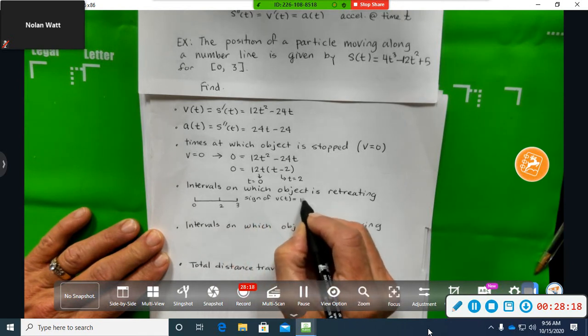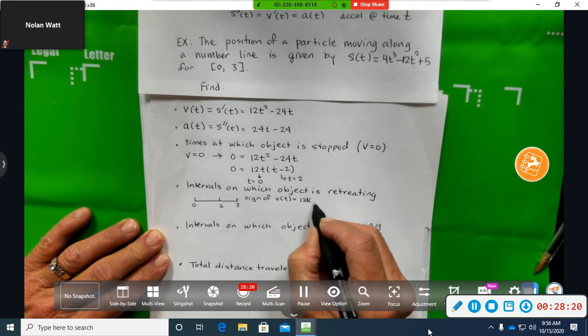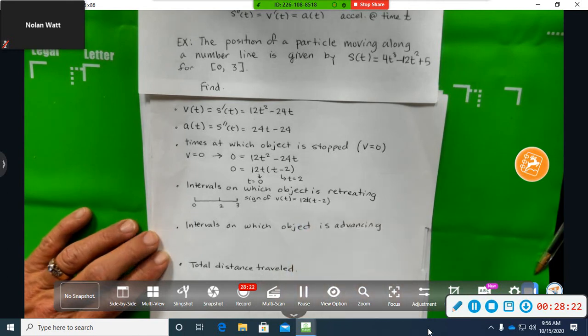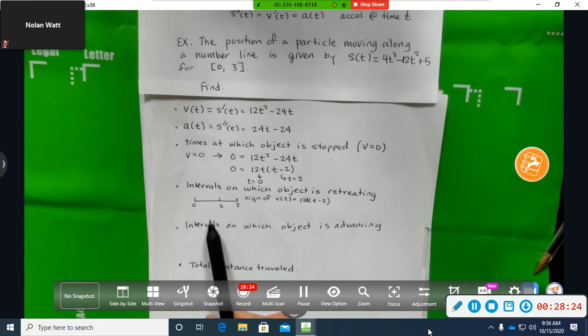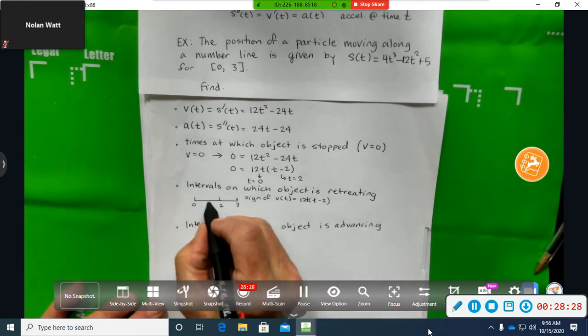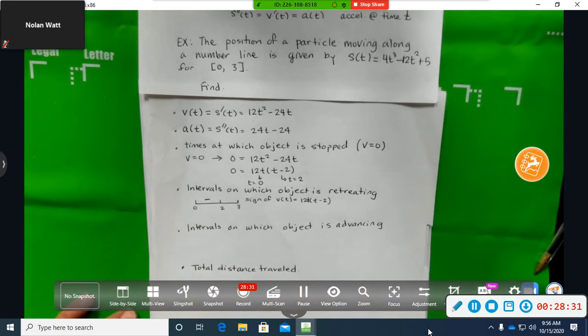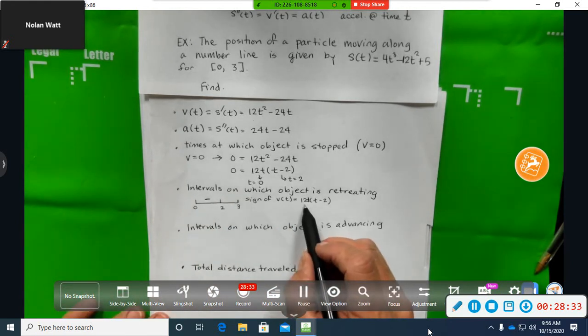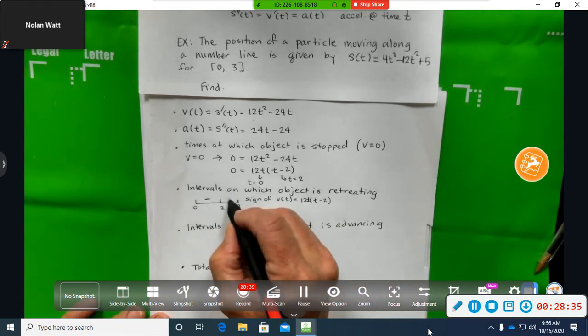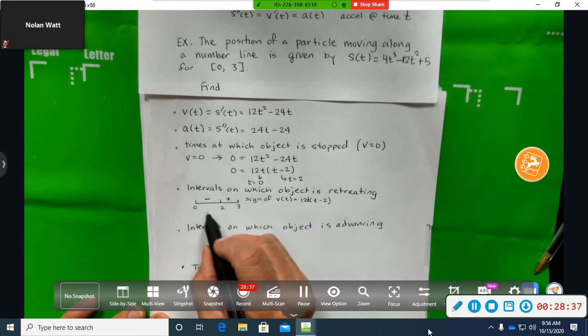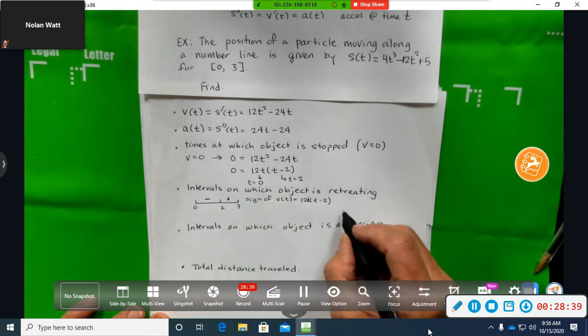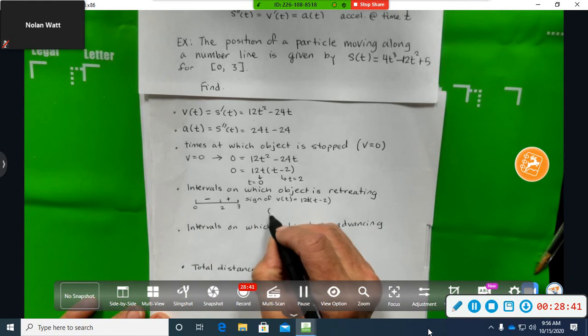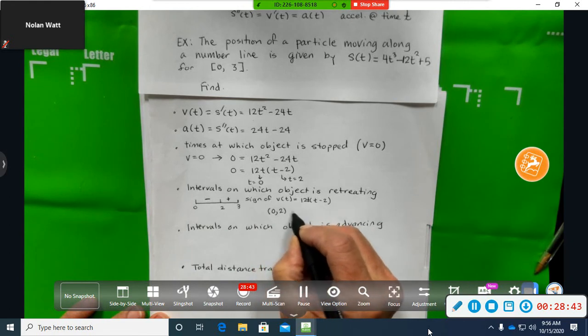I'll look at it in factored form. If I use 1 as a test point, I have 12 times a negative 1, that's going to give me a negative velocity. If I use 2.5 as a test point, my first factor is positive, and so is the second one. So it's retreating on the interval from 0 to 2.